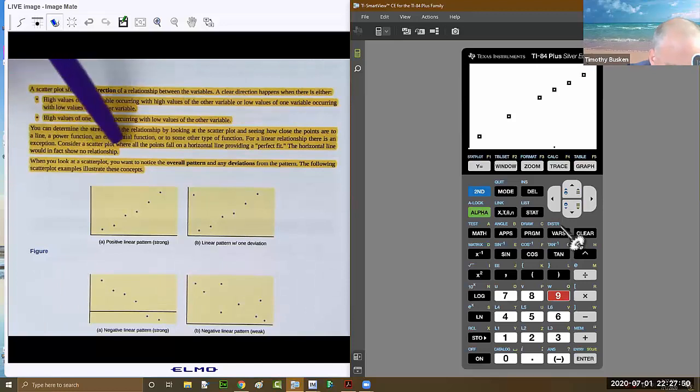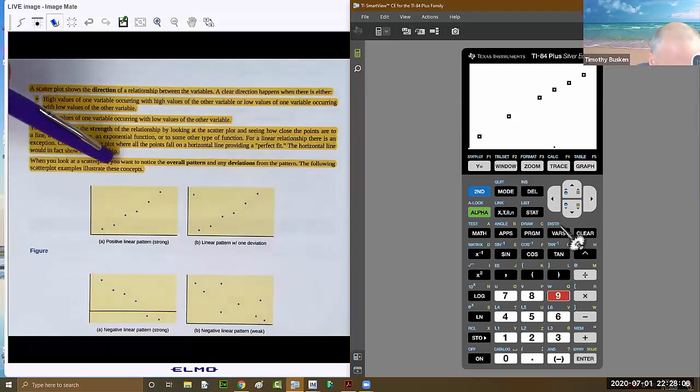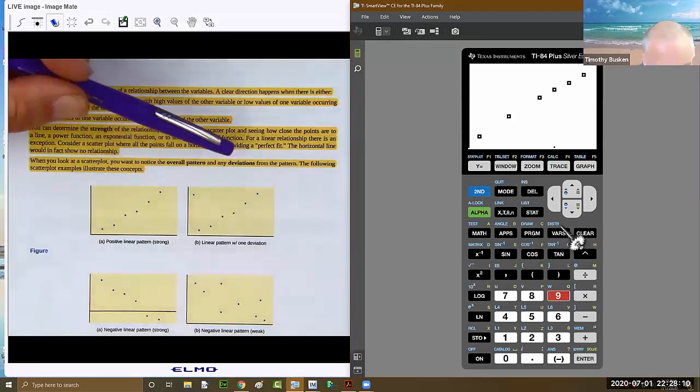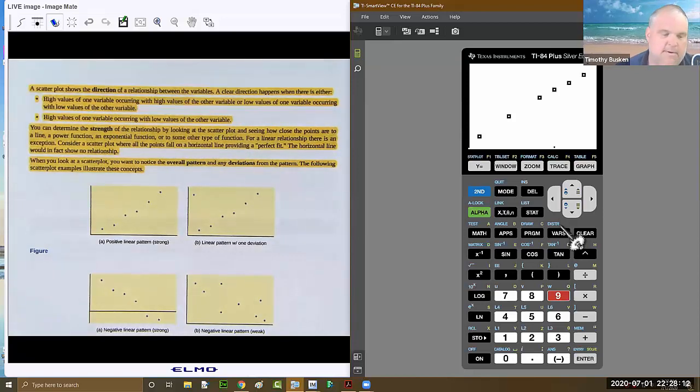Consider a scatter plot where all points fall on a horizontal line, providing a perfect fit. Then the horizontal line would in fact show no relationship. Whenever you visually inspect a scatter plot, you want to notice the overall pattern, and any deviations from the pattern.